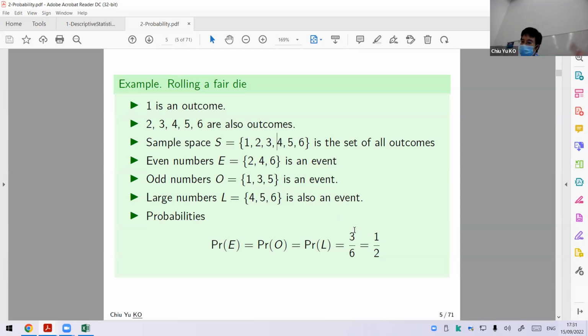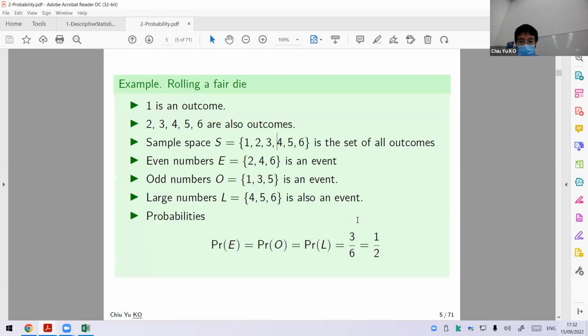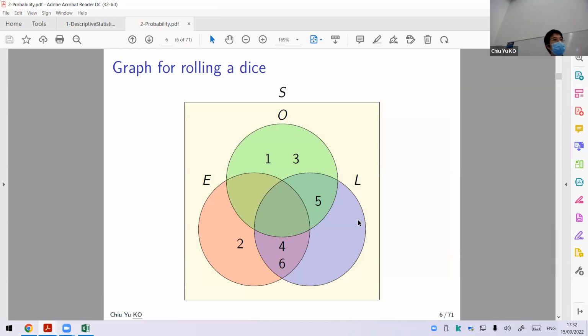There are 6 possible outcomes, and 3 of them are even, so 1/2, equally likely that we'll see them. So that is the idea of classical probability. And if you try to draw it, we call it the Venn diagram.